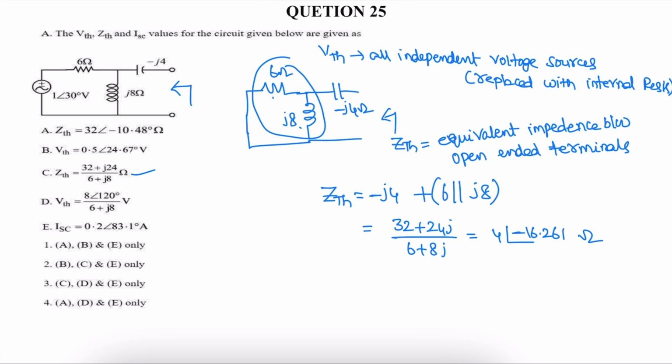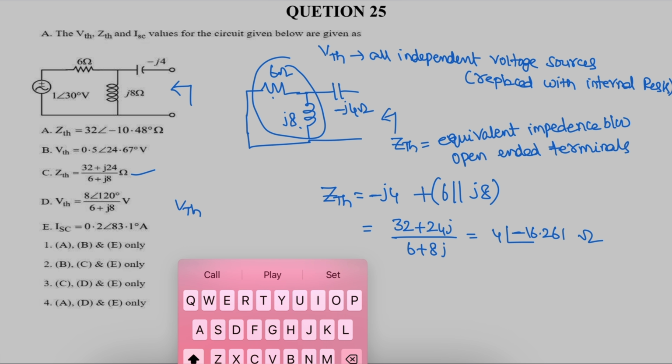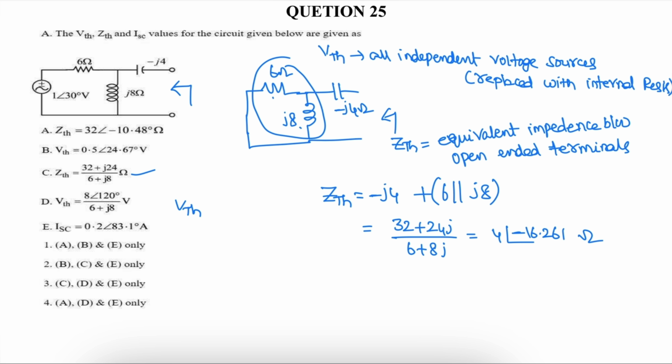Next is open circuit voltage VTH. VTH is the open circuit voltage, so here we have to calculate the voltage VTH. VTH is the voltage across the capacitor, say VA, and the voltage across the inductor, say VB. Now apply KVL in this loop.